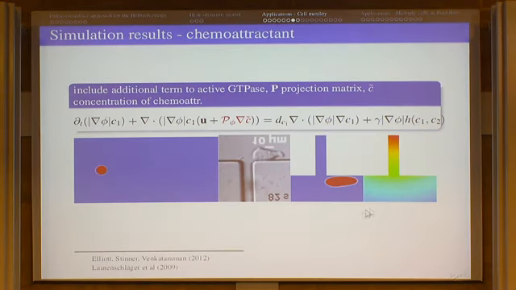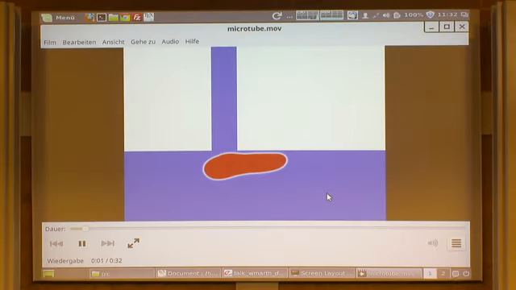So this is actually the concentration, and we see here, okay, the cell immediately begins to follow this chemoattractant. But of course, what you see here, the cell body looks completely different to the cell we've already seen. So maybe this approach as a viscous fluid is, in this case, not so convincing.